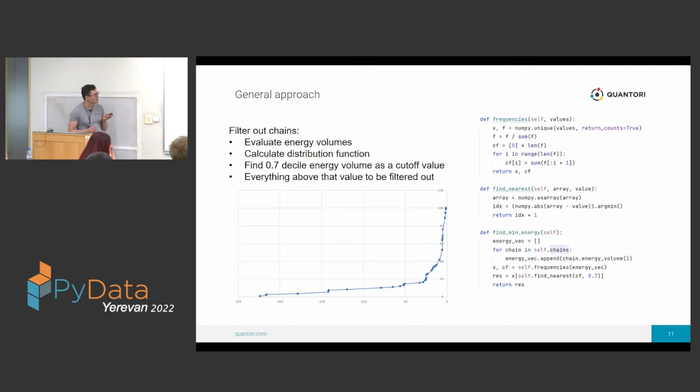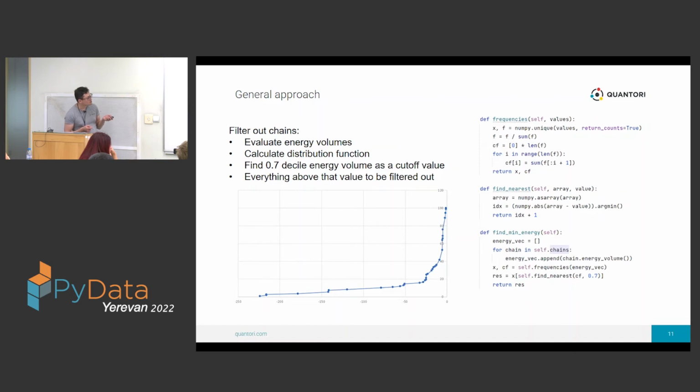The thing is that those chains have energy volume. It's the energy multiplied by the length of the chain. And here we can see the distribution of the chains in a sequence. I would say it somewhat resembles a Pareto distribution, but for some reason it's non-convex in contrast to the Pareto distribution, but still.